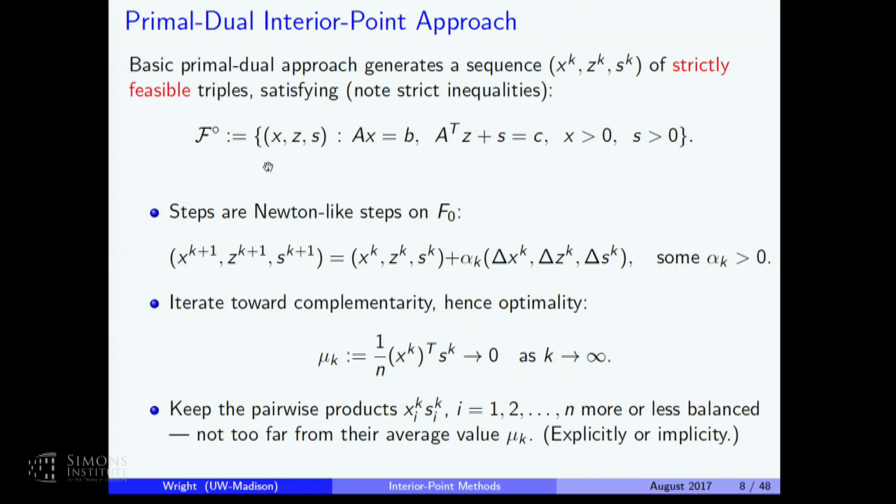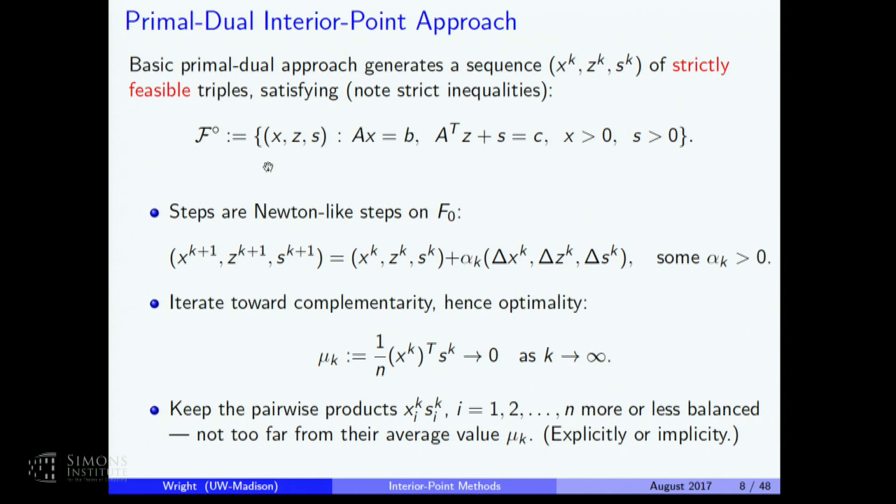We're going to make sure that we choose the alpha so that these conditions continue to be satisfied after we take the step. And we're hopefully also going to decrease the value of mu, okay? So as you move from xk to xk plus 1, hopefully mu will shrink as well. And we'll be able to say something about how fast it shrinks and thereby get convergence and complexity results. Okay?